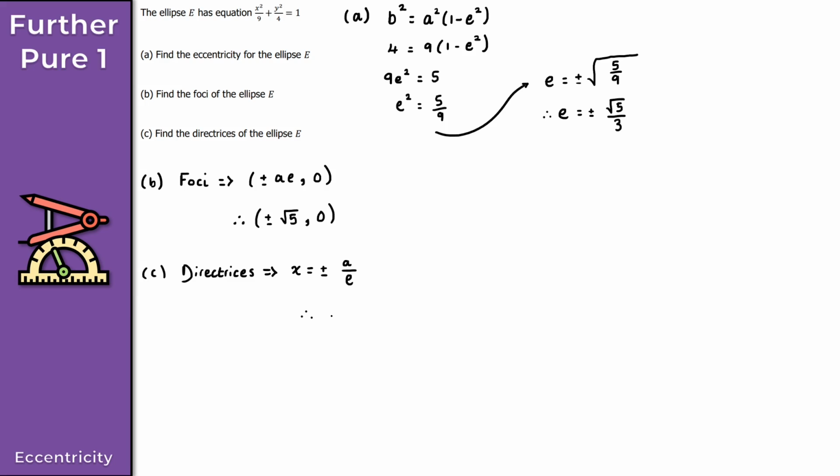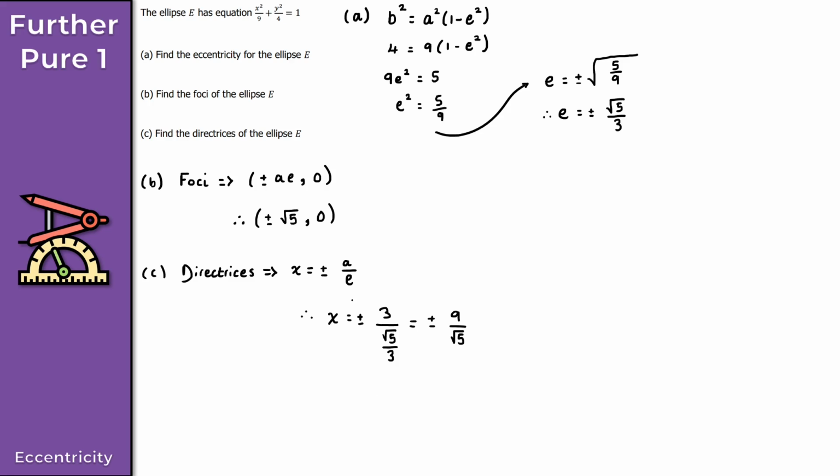So what I'm going to get here then is x is equal to plus or minus a, which is 3, divided by e, which is root 5 over 3. I get 3 all over root 5 over 3. So if we simplify this here, nice and straightforward, this is just the same as plus or minus 9 over root 5. Okay, and there we have it.